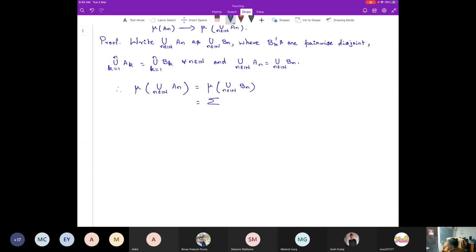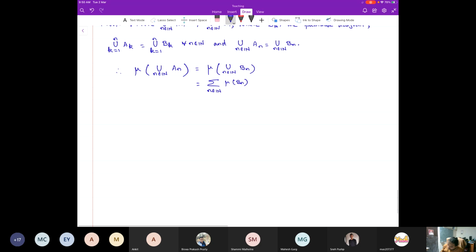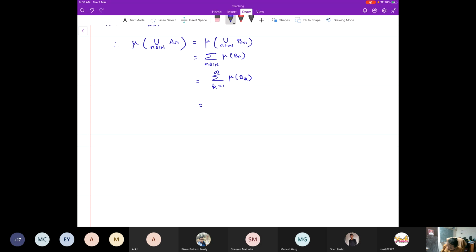So this is the same as summation over n in N, mu of Bn, which I can write as summation k running from 1 to infinity, mu of Bk. This infinity, I can write as limit n tending to infinity, summation k running from 1 to n, mu of Bk.